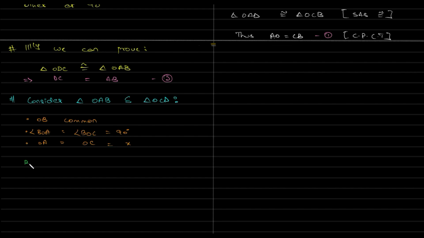And so by SAS congruency, triangle OAB is congruent to triangle OCB. So with this we can tell AB is equal to CB, right?